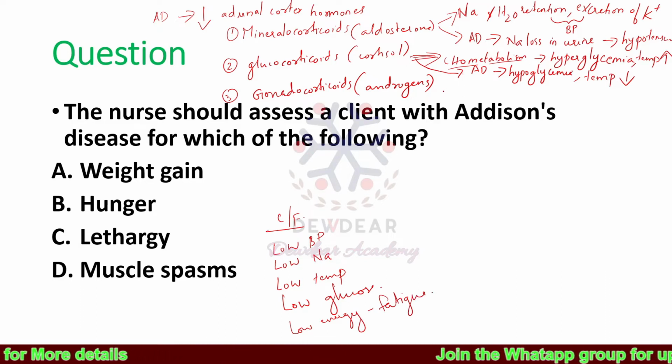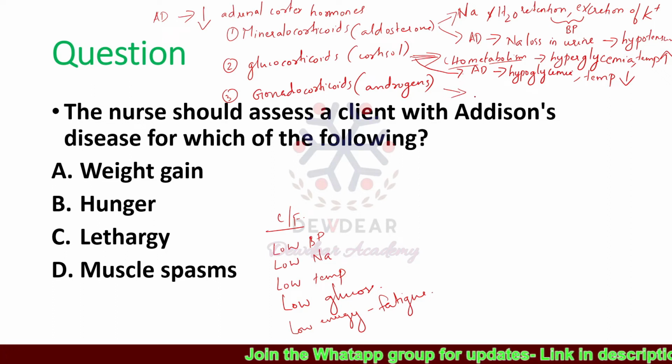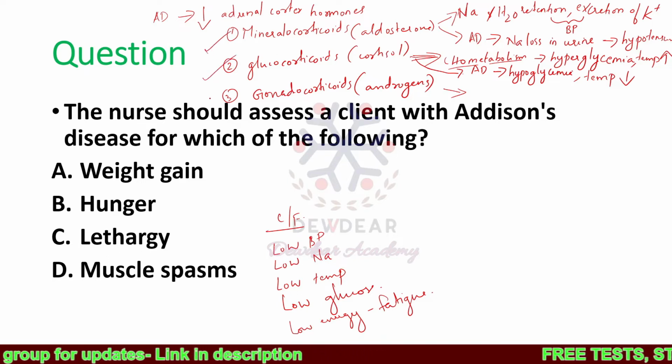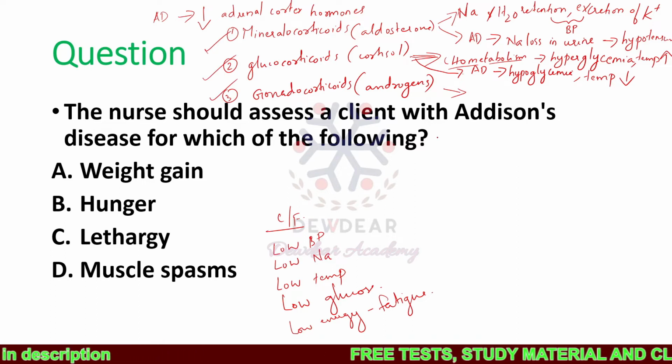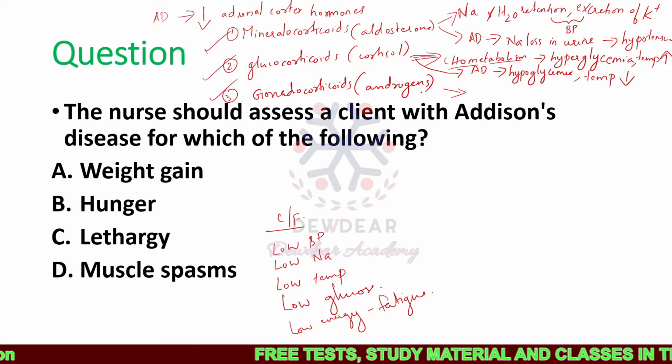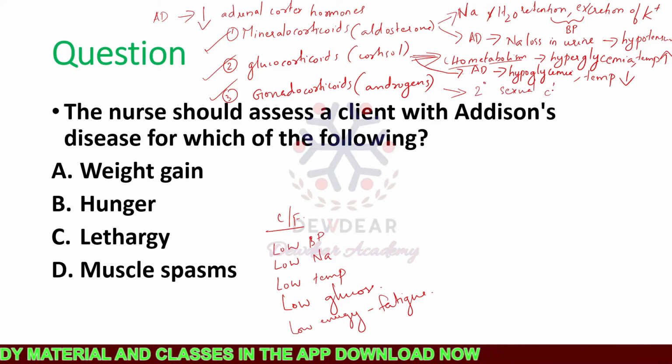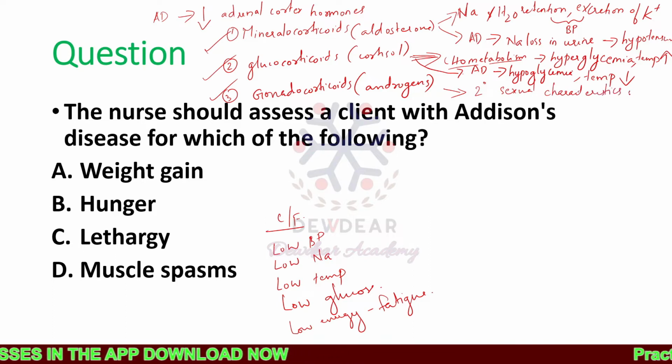Then we can see the next hormone, that is gonadocorticoids or androgens. These hormones are also decreased in Addison's disease. There are three adrenal cortex hormones: mineralocorticoids, glucocorticoids, and gonadocorticoids. The androgens are mainly needed to control the development and maintain the secondary sexual characteristics in the body.